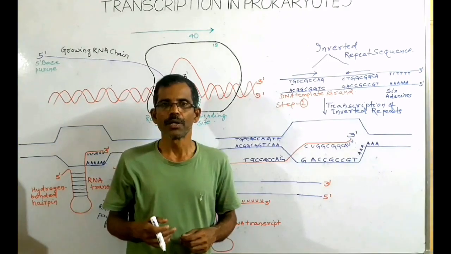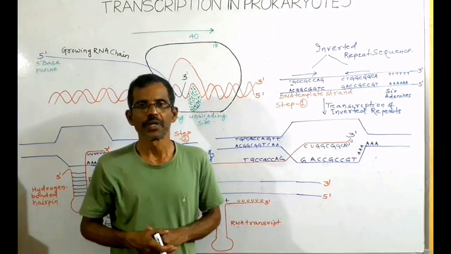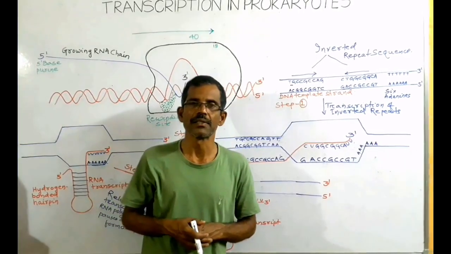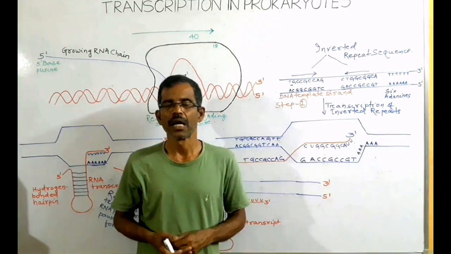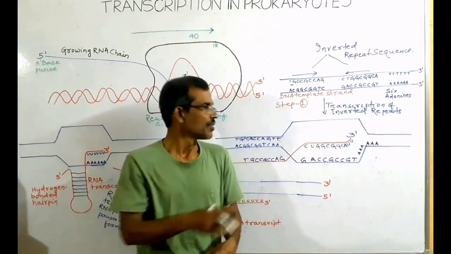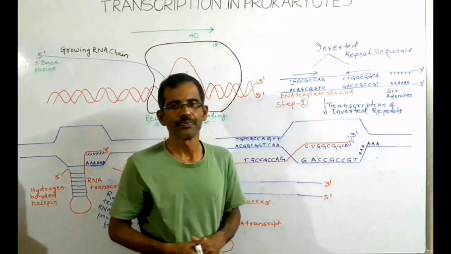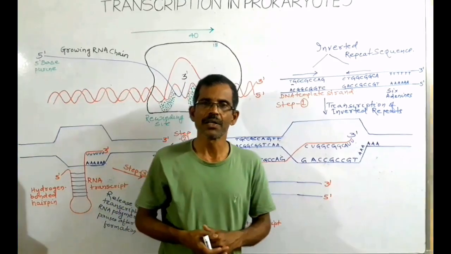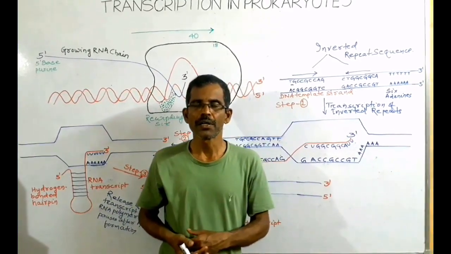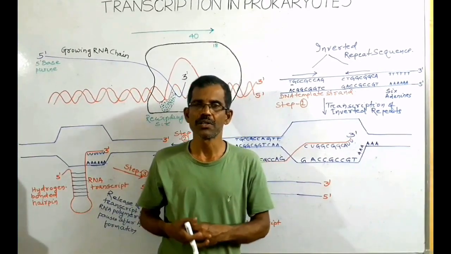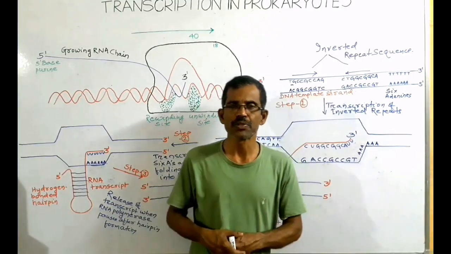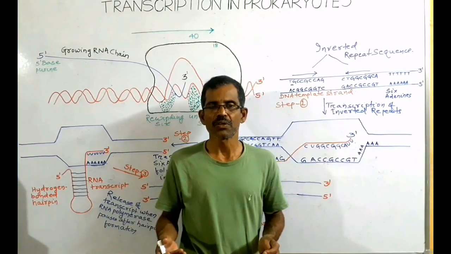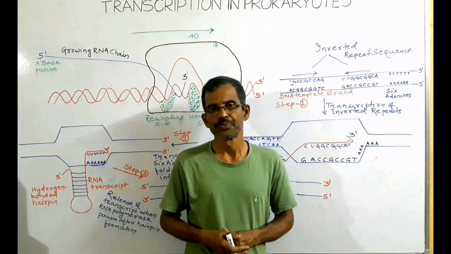In the case of rho-dependent termination, there are two additional sequences. These two additional sequences are present upstream of the G-C rich sequence. One sequence contains more guanine residues but few cytosine residues. Due to this, after transcription, hairpin-like structures are not formed.